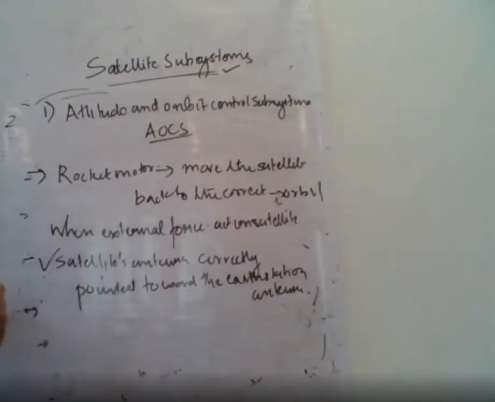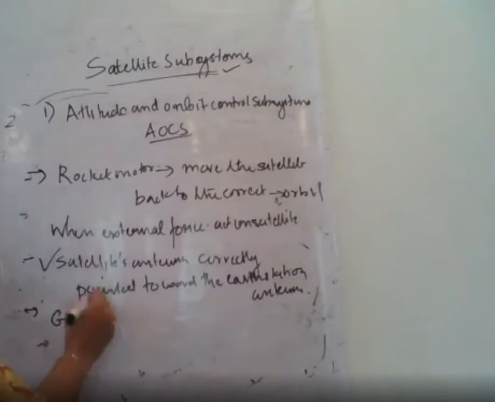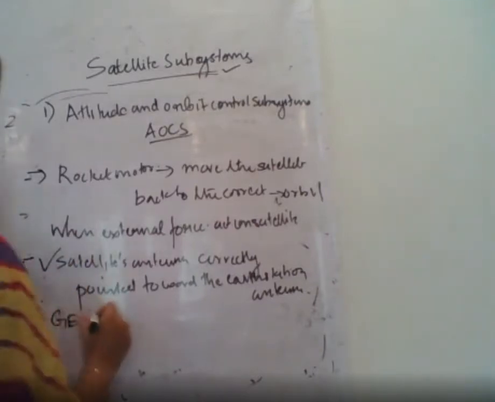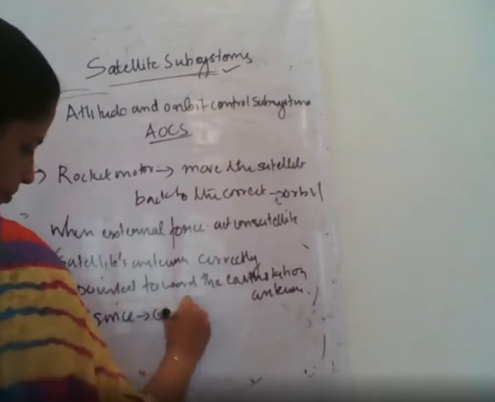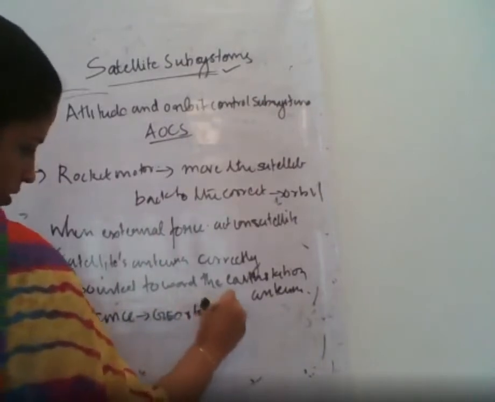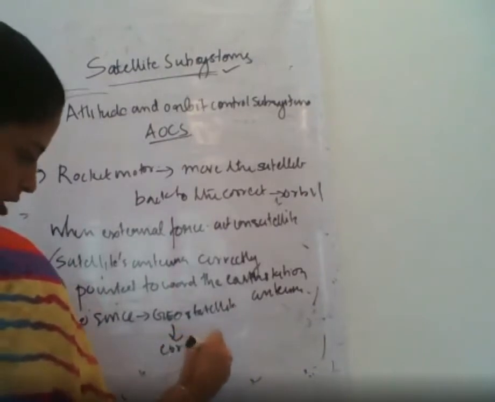And this is important for GEO satellites. This attitude and orbit control system is most important for GEO satellites. Means here in a GEO satellite, the corresponding earth station antennas are fixed.